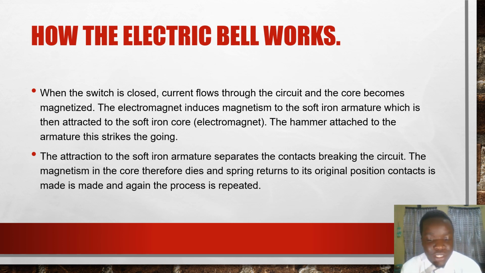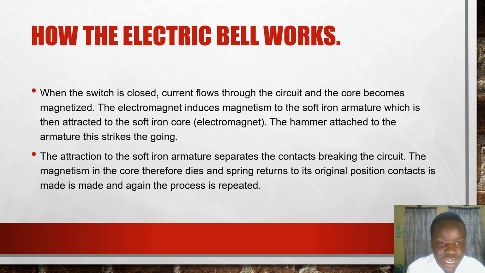How it works. This is the working principle of an electric bell. When the switch is closed, current flows through the circuit and the core becomes magnetized. This is the reason why electromagnets are used instead of permanent magnets.